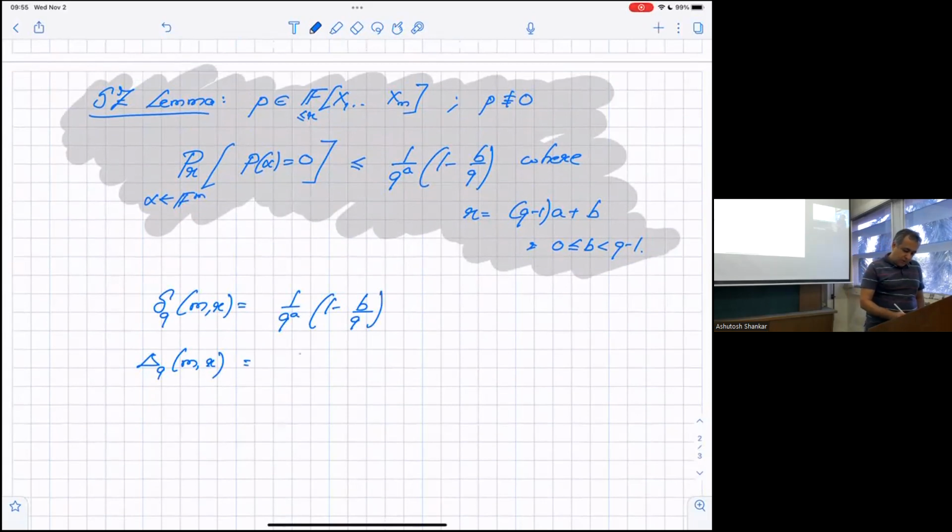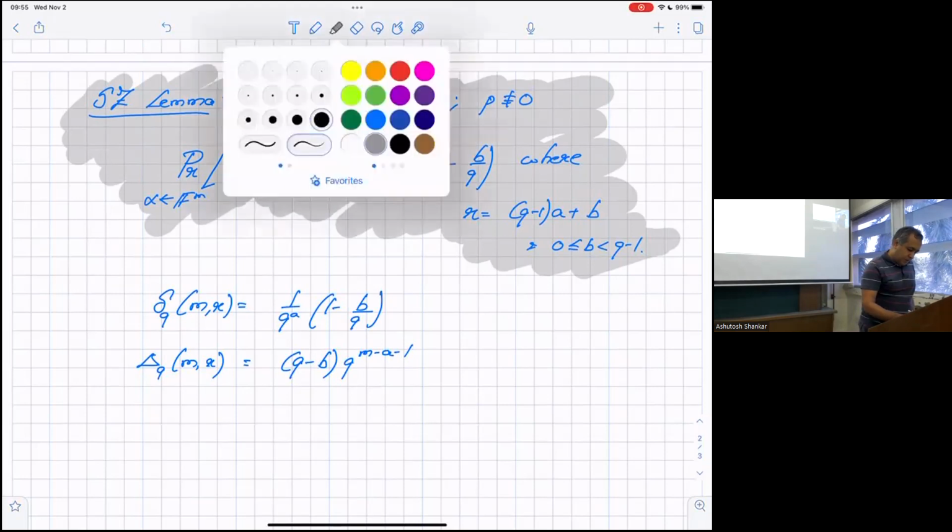That will be q minus b, into q to the m minus a minus 1. You can check this one today.